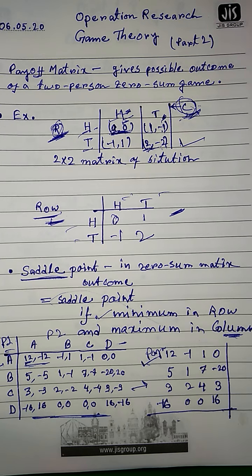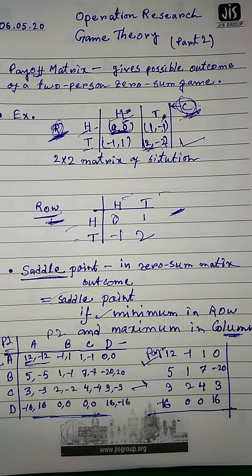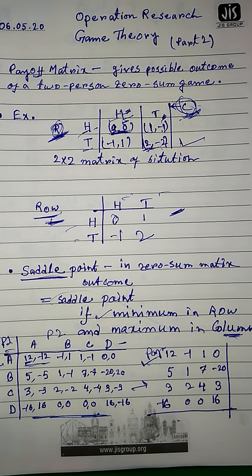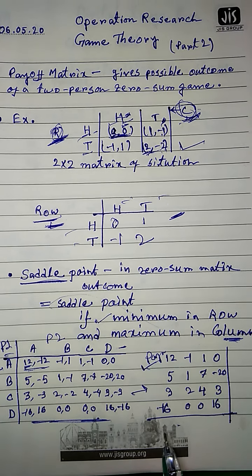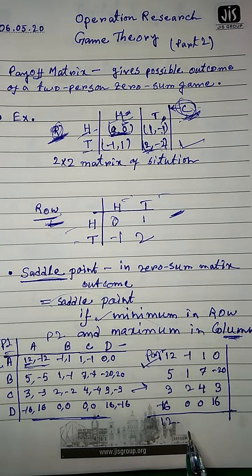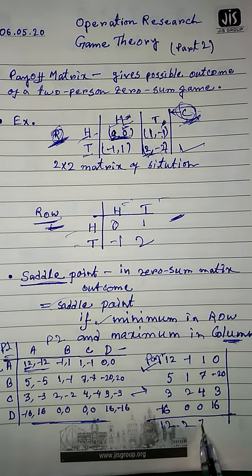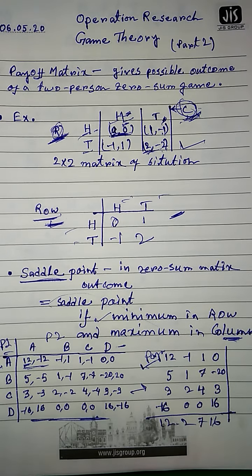Now go back to our pure matrix again and find the max min and min max. How will it be found? First, the maximum value from each column: 12, 2, 7, 16.